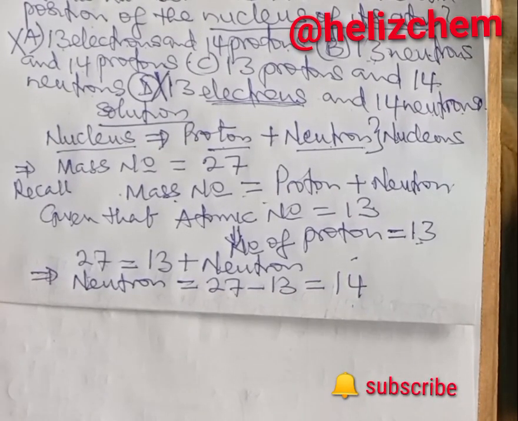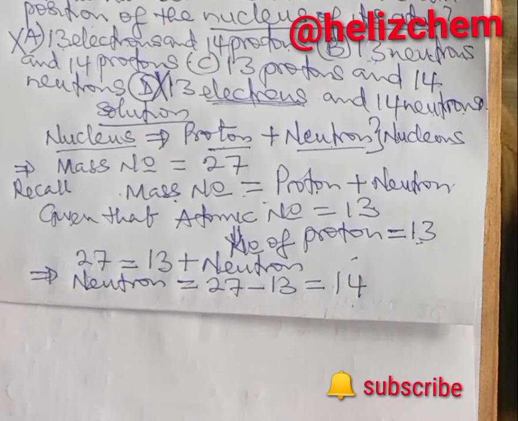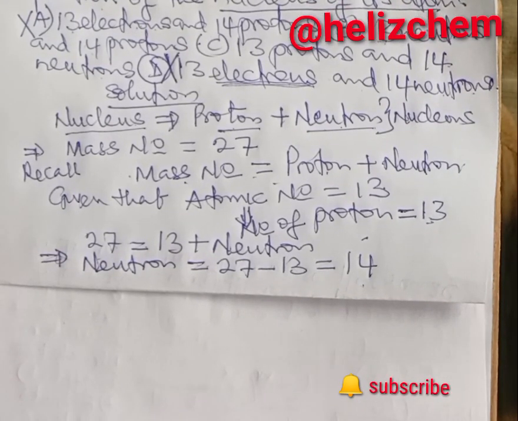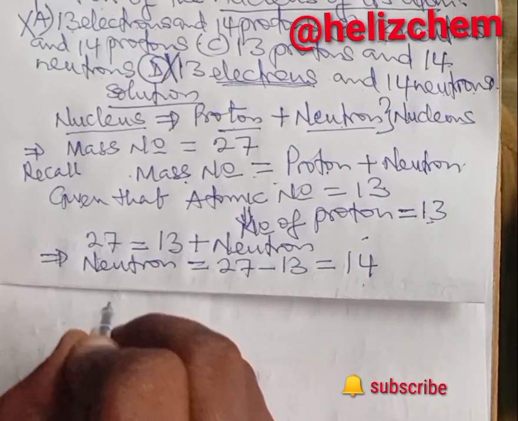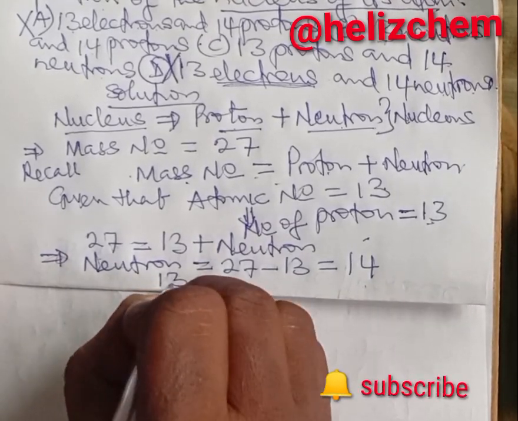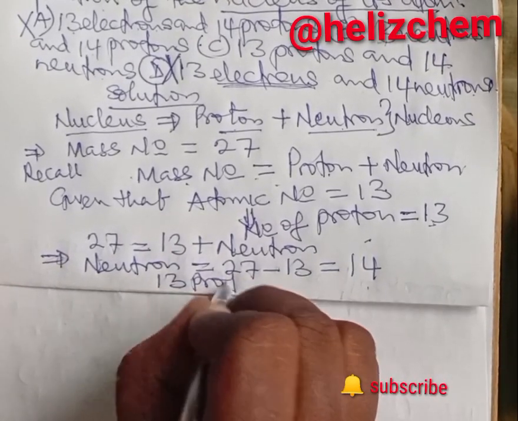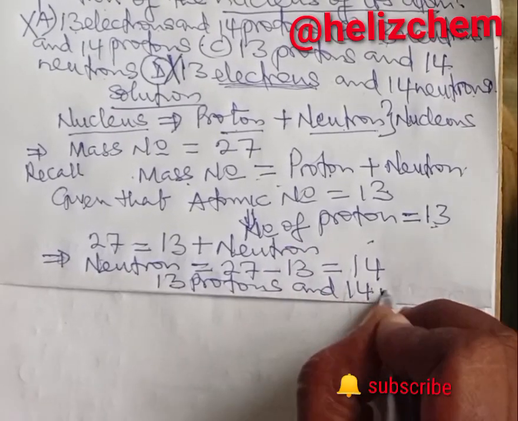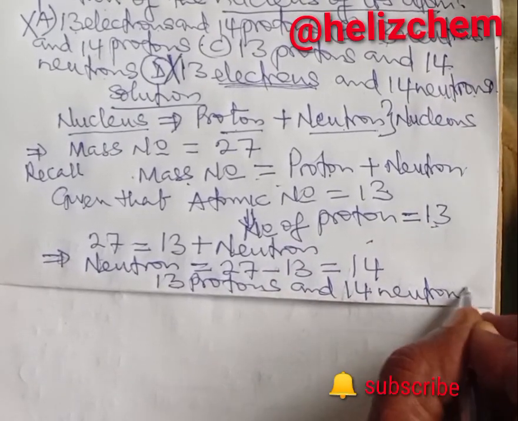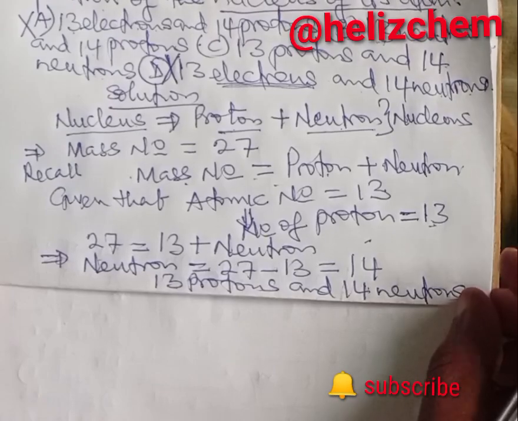So in this atom now, from what we calculated, we can see that this atom contains 13 protons and 14 neutrons. Now let's go back to the options.